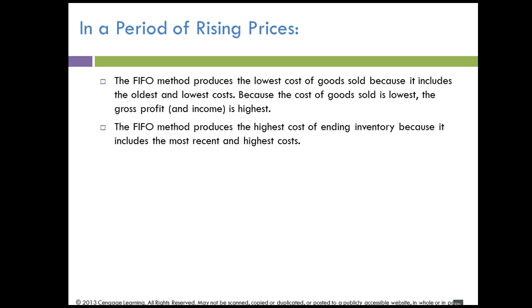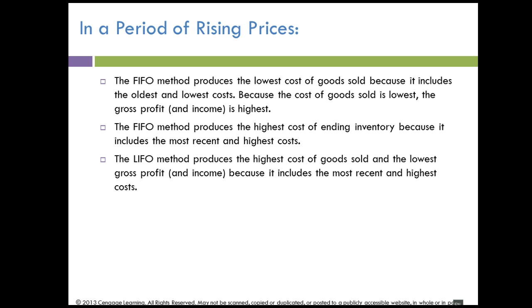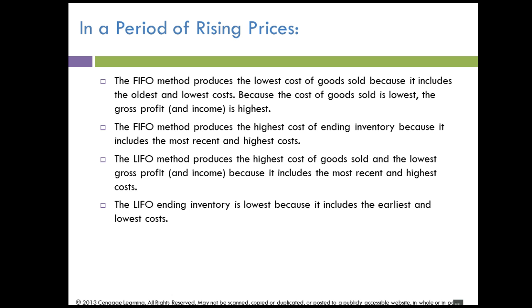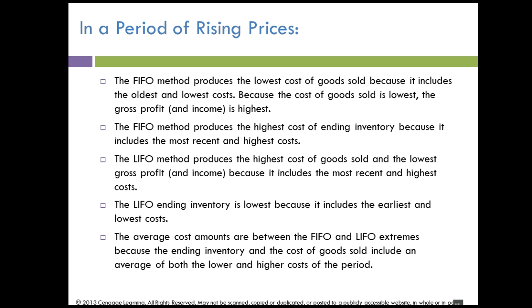And then as a result, FIFO is going to show a greater inventory on the balance sheet. LIFO is going to deal with higher costs being in the cost of goods sold and the lower amounts being in the inventory. The average cost method is going to be somewhere in between the FIFO and the LIFO.